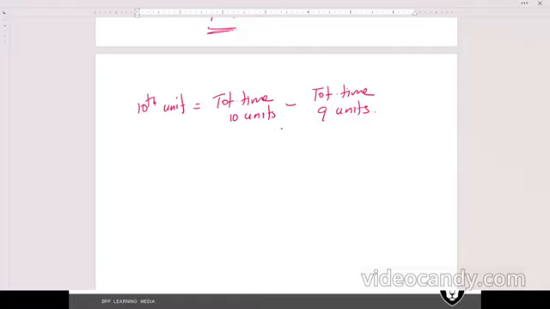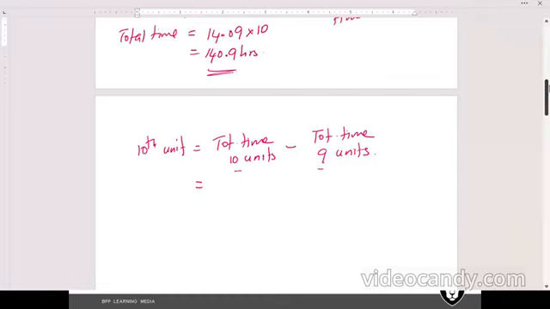The difference will be the 10th unit. Suppose they ask for the 20th unit's time: total time for 20 units minus total time of 19 units. If they ask for the 100th unit's time, total time of 100 units minus total time of 99 units. That's how you find it. So the 10 units total time, we already found: 140.9.